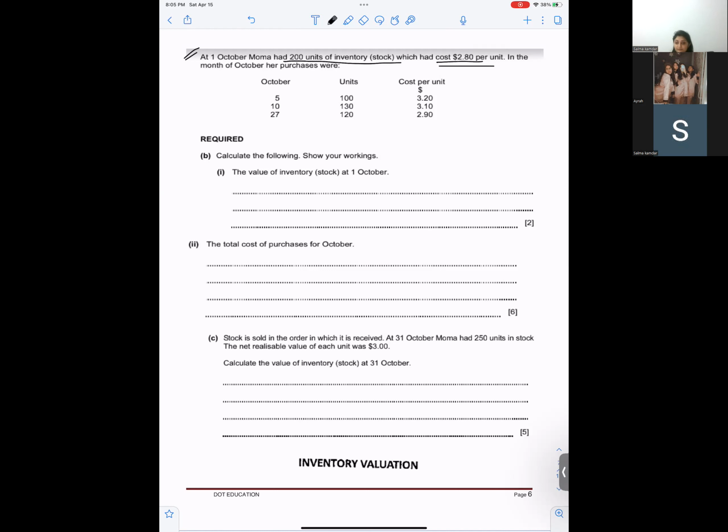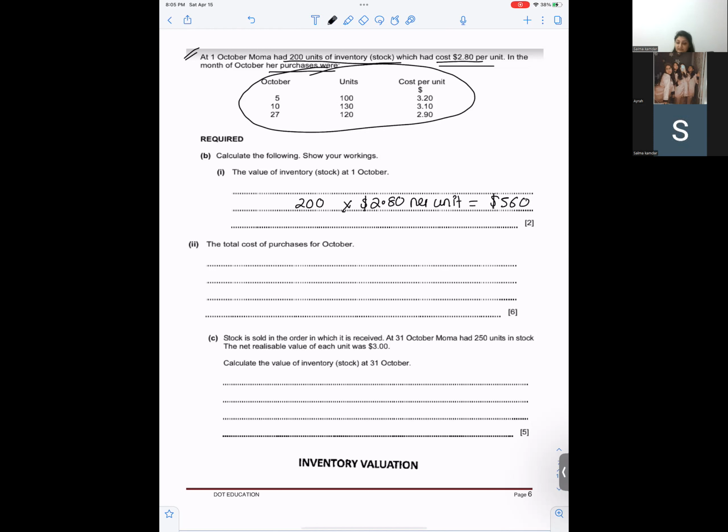In the month of October, her purchases were October 5th, 100 units. Then calculate the following, show your workings. The value of inventory at 1st October, so you do 200 into 2.80. It is 560.